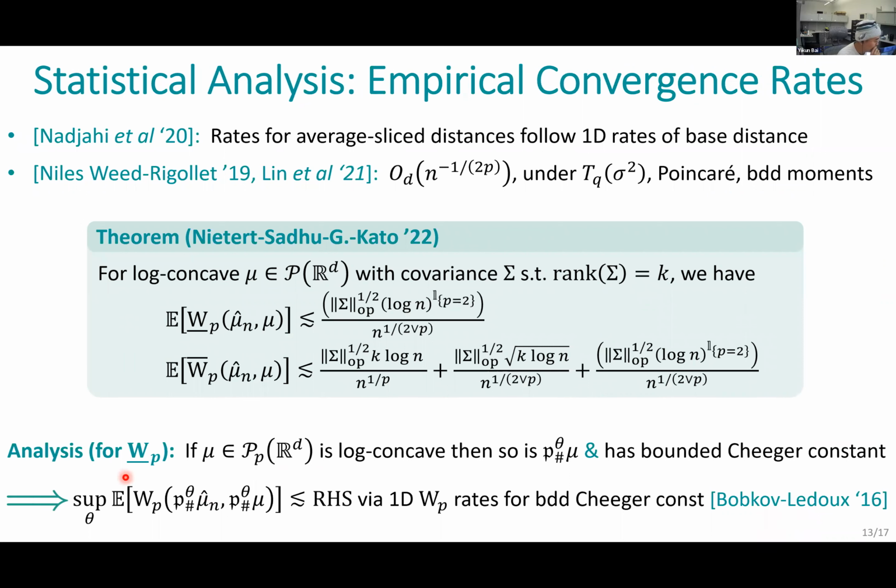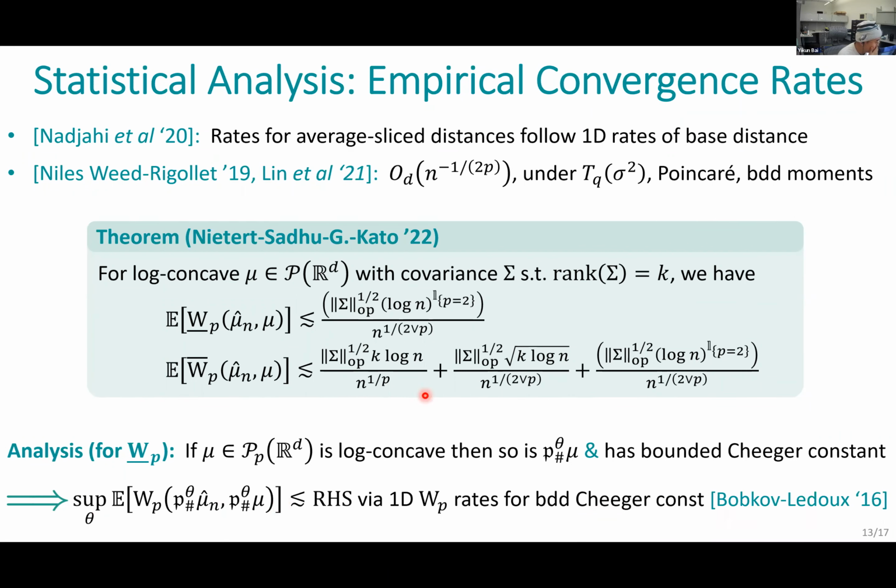Because you can always upper bound this by this, just taking a supremum inside the integral, so there's nothing there. But the point is, how do you control empirical convergence uniformly over theta of all these projected distributions? It turns out, at least chronologically, the way we arrived at this result is that if you can control Cheeger constants uniformly from below, then you can get an upper bound uniformly in theta.